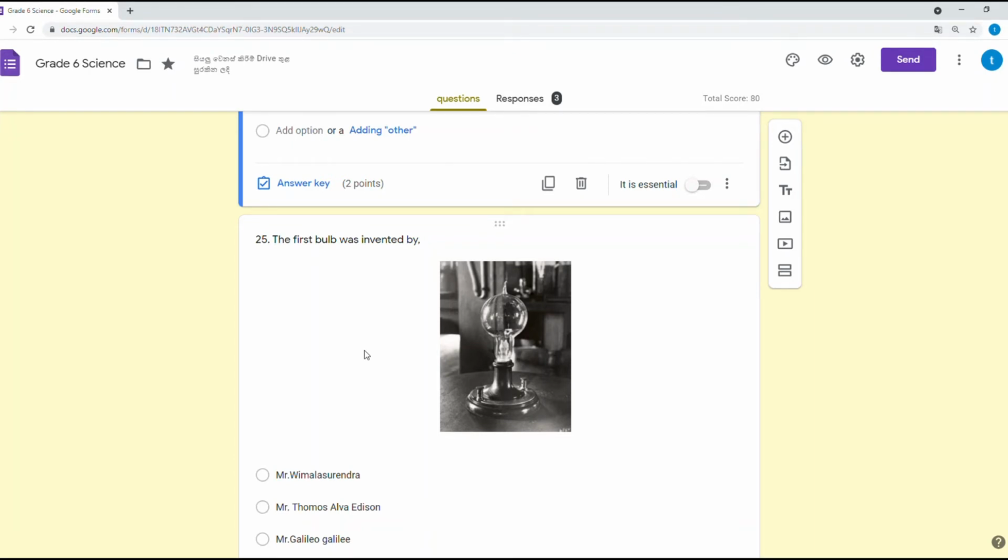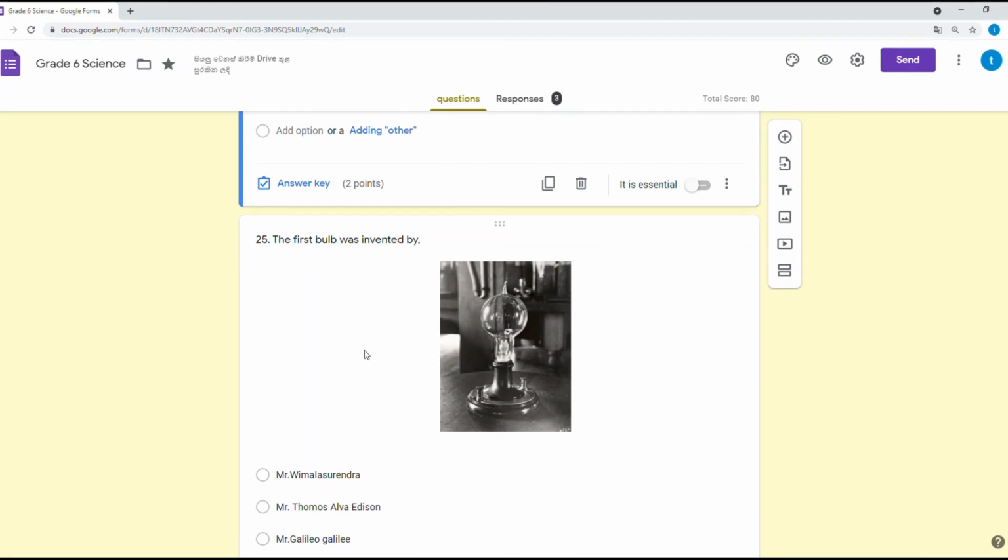Likewise, so many bulbs are there. But at that time, and at this moment also, we should respect the person who invented the first bulb. Actually, if he couldn't have made that invention, then what would happen? Still there would be no bulb.